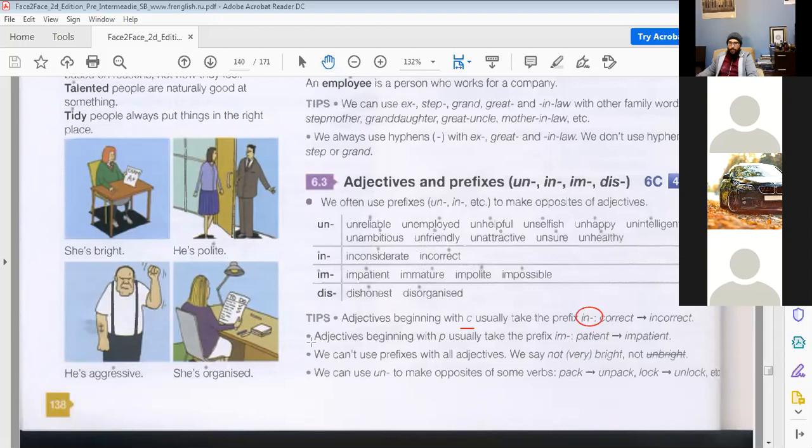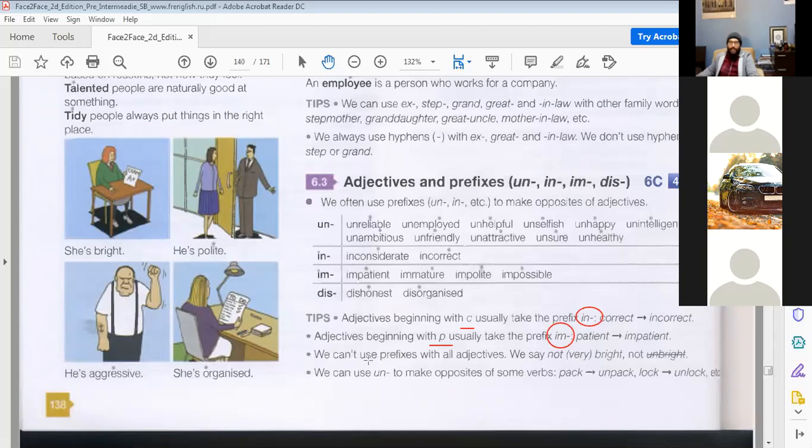All right, now, adjectives that begin with P. Usually we use the prefix im. Patient, impatient, polite, impolite. Not all of them. Possible, impossible, good example. So, sometimes you'll find this.